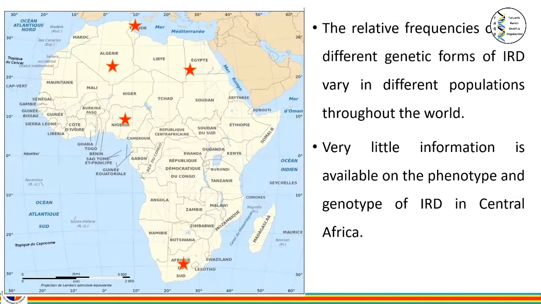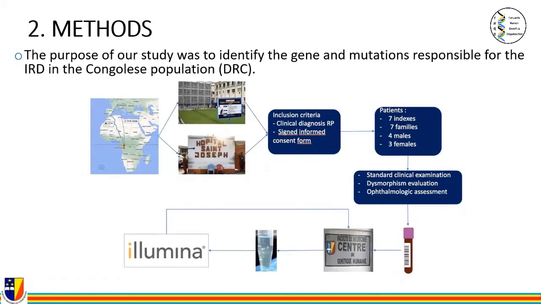No study is available in Central Africa, and very little information exists on the phenotype and genotype of RAD in Central Africa. The purpose of our study was to identify the genes and mutations responsible for RAD in the Congolese population.